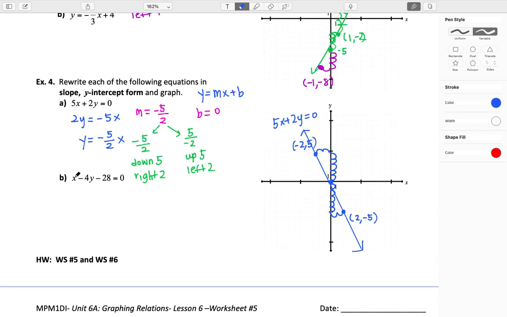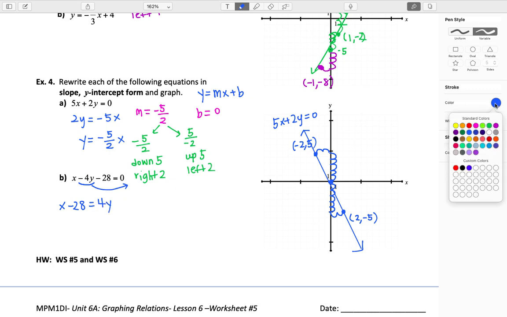So you could try the next one, letter B. I want to isolate for y, so I'm going to bring negative 4y to the right side. So on the left side, I have x minus 28, and on the right, I have 4y, positive 4y. Now what's in front of y? It's 4.